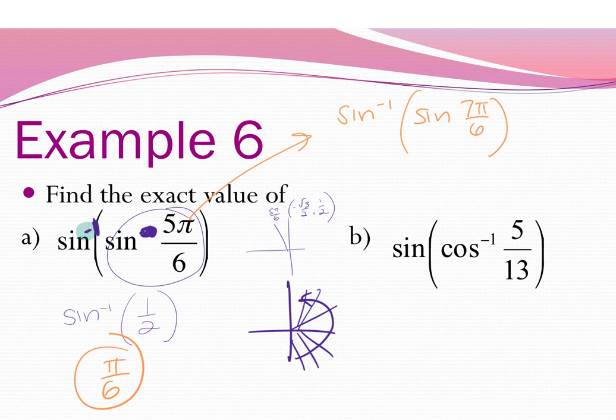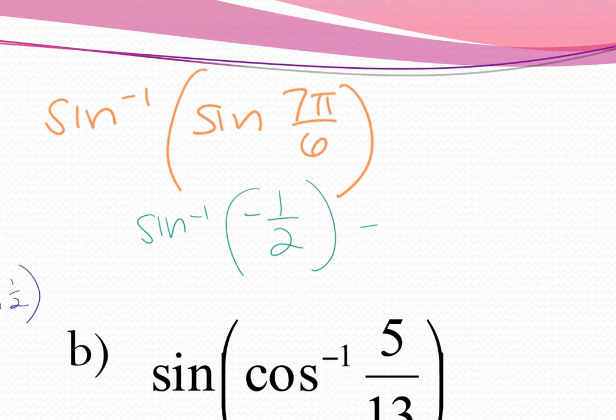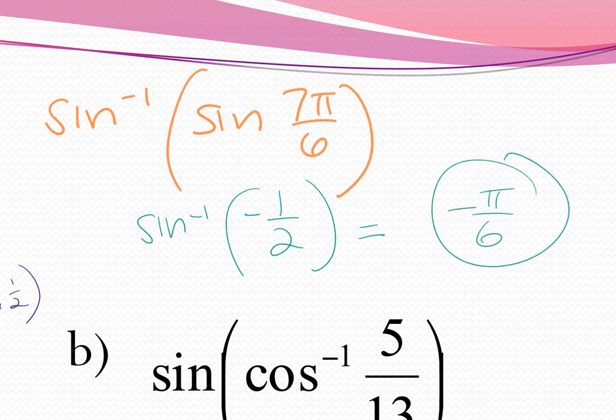What is sine at 7 pi over 6? -1/2. What is sine -1 of -1/2? -pi over 6. Okay, it's the pi over 6 on the right-hand side of my graph, but it's restricted because it's got the -1.